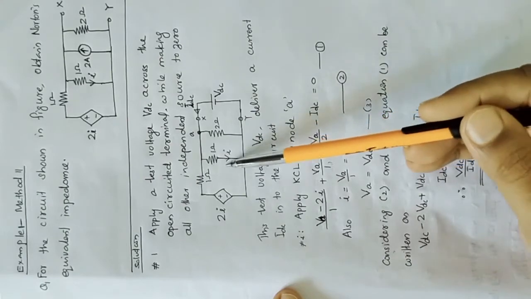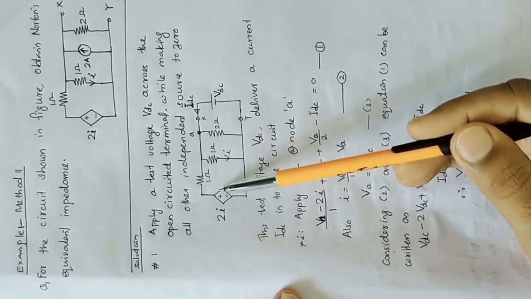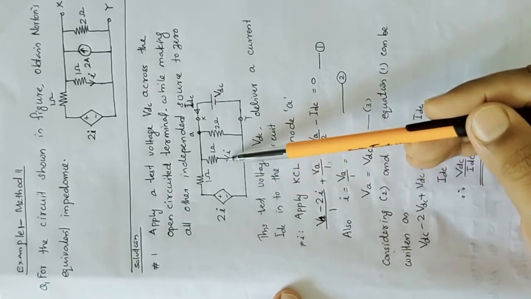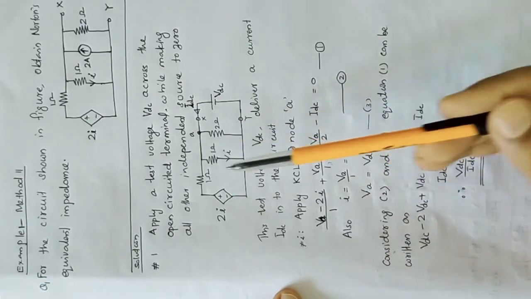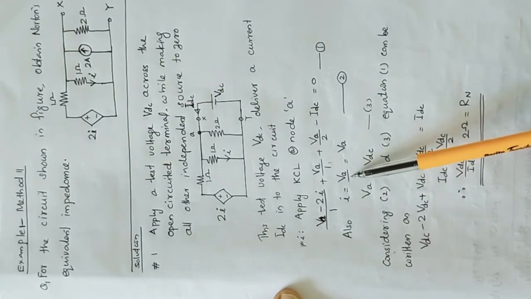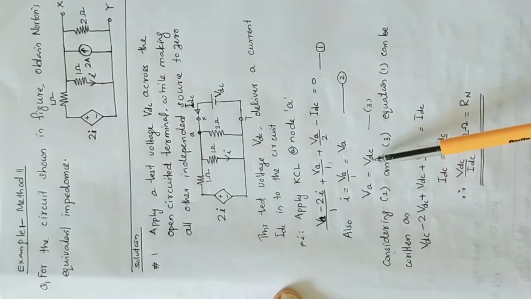We know this current determines the value of this voltage source, so it is a current controlled voltage source. So what is this current? This current is equal to VA by 1, so I is equal to VA, which we know is equal to VDC.